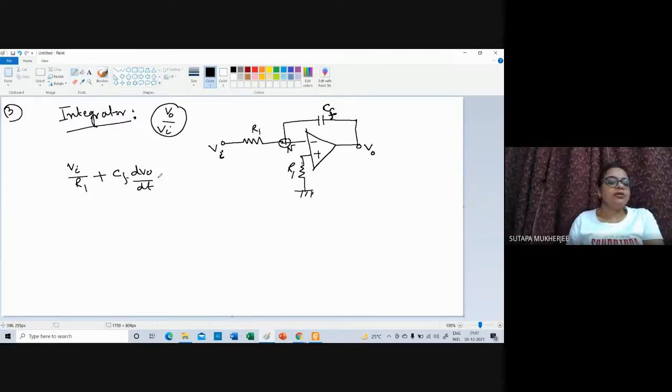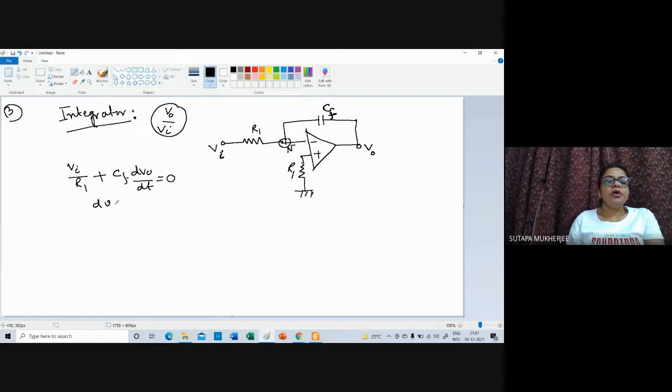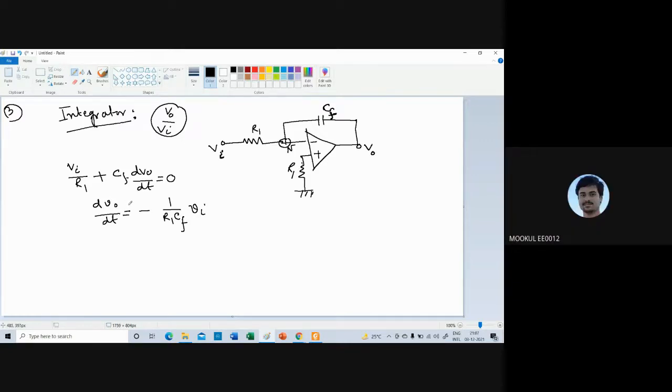That will be equal to 0. So dV0 by dt will be minus 1 by R1 CF into VI. Am I clear?